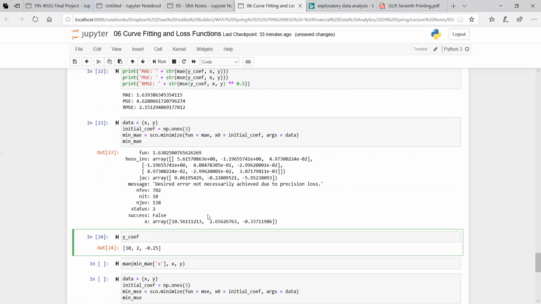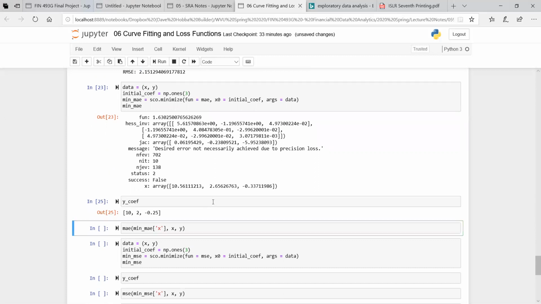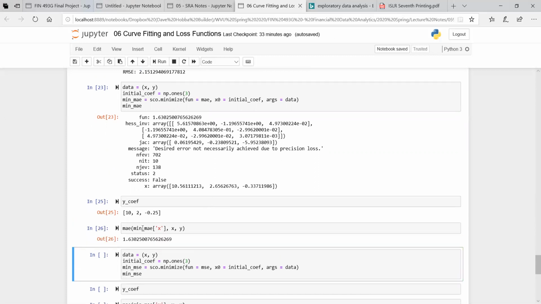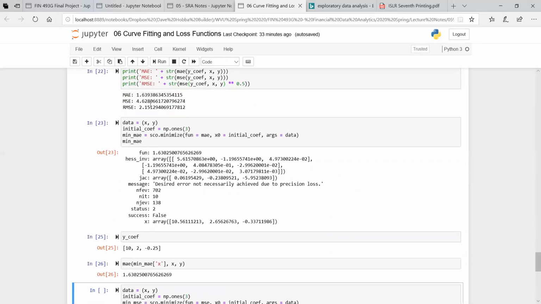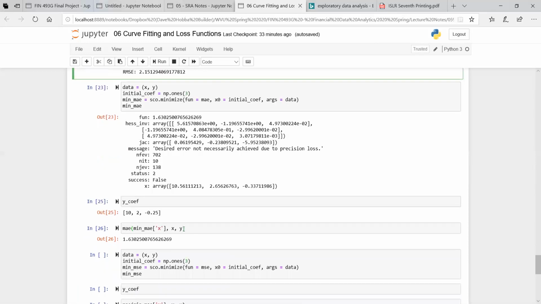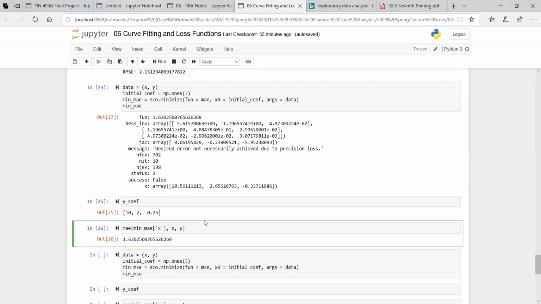If we plug that in and estimate the mean absolute error, we get 1.63. So this is pretty close to what the actual coefficients would give, but it is a little bit better. So we have a lower mean absolute error than up here. But still, this is not necessarily a better function.